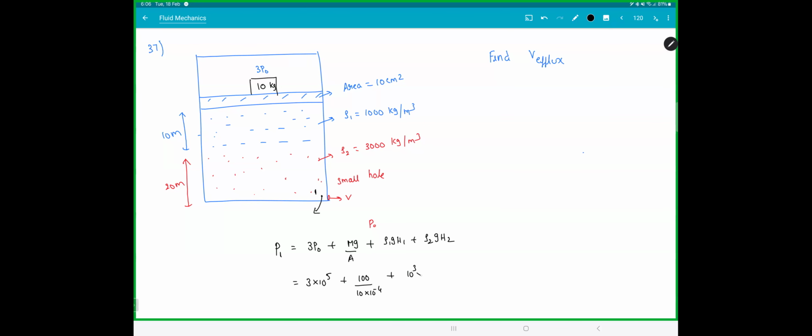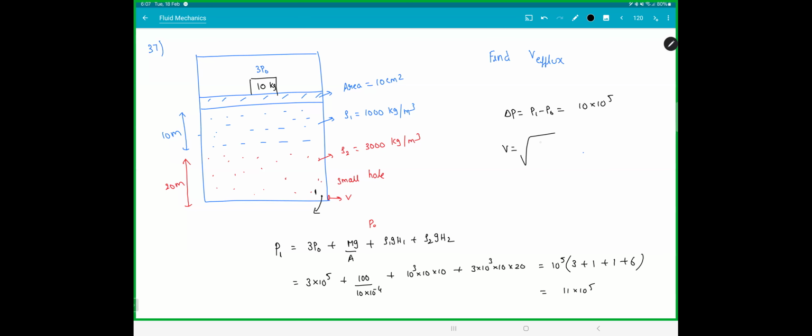This is 10 power 3 into 10 into 10 plus 3 into 10 power 3 into 10 into 20. You can take out 10 power 5 common, you'll end up with 3 plus 1 plus 1 plus 6. That is 11 into 10 power 5. That's P1. So delta P is P1 minus P naught, which is 10 into 10 power 5.